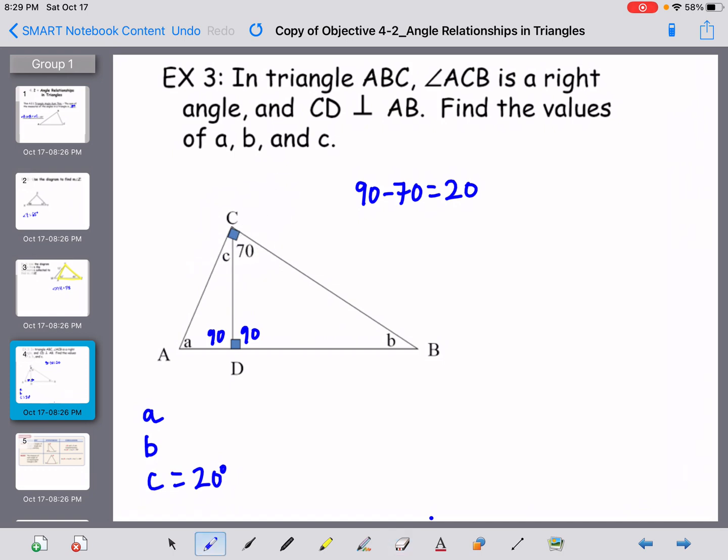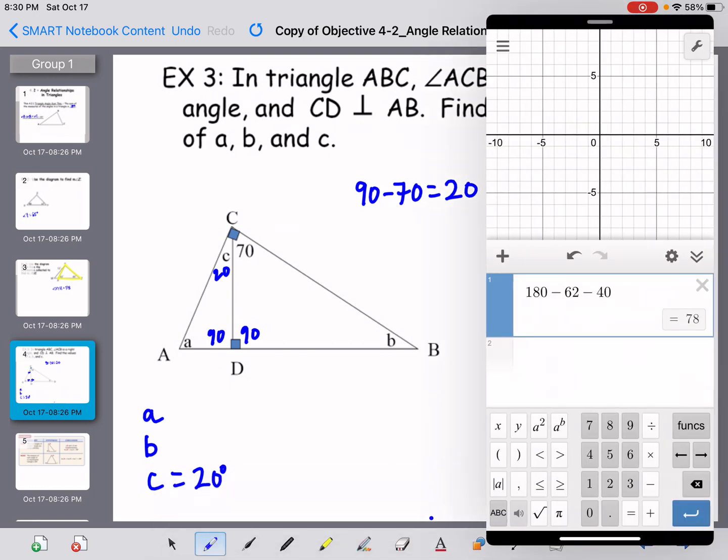Now, in my small triangle over here on the left, A plus 20 plus 90 would be 180. So I'm just going to do the same thing again. I'm going to say 180 minus 90 minus 20. 70.